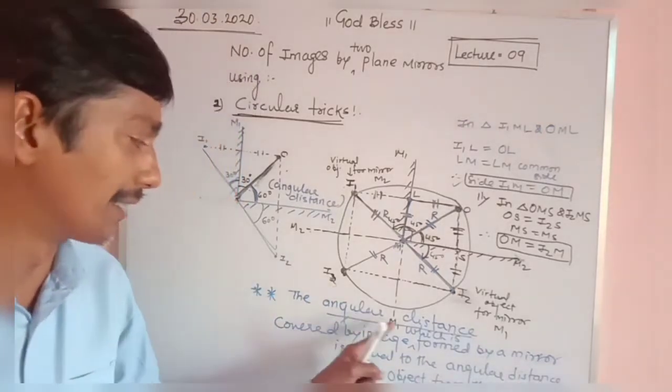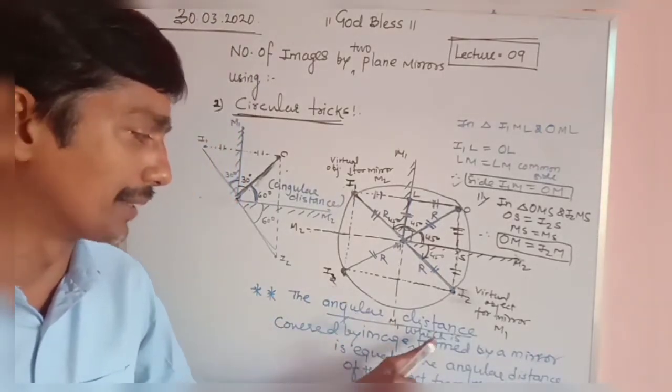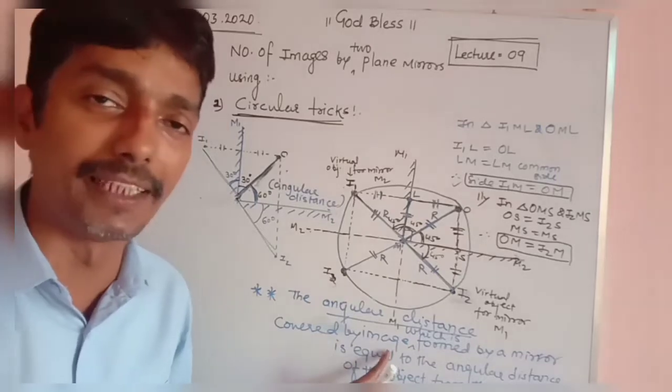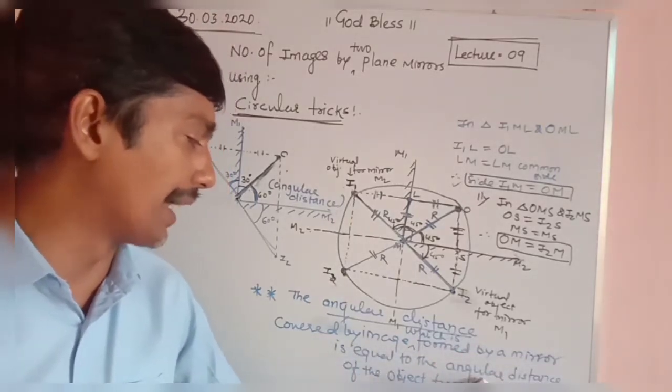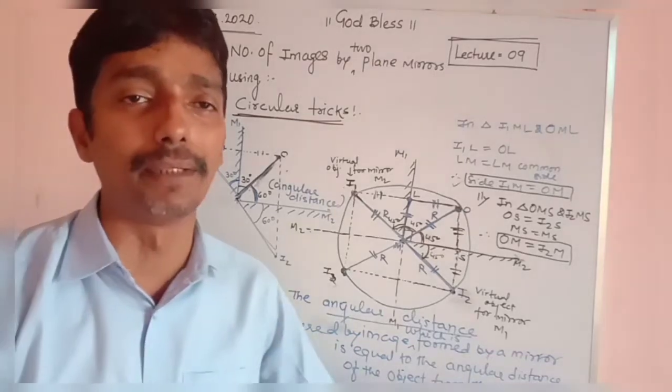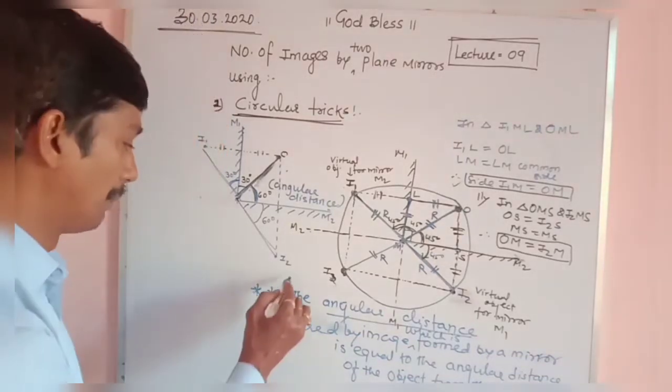Who forms the image? Mirror. So the angular distance covered by the image which is formed by the mirror is equal to the angular distance of the object from the mirror. This is very important.